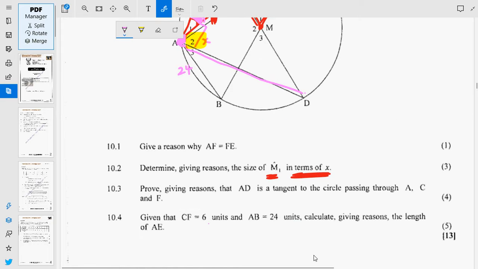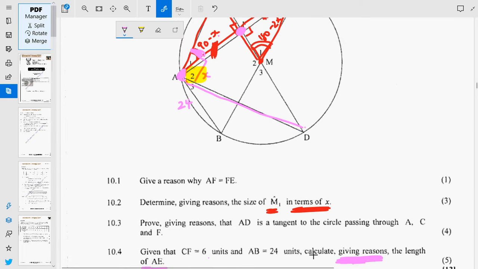And they ask you to calculate, giving reasons. Remember, I'm not writing the whole thing down because this is an exam review. I'm simply going to articulate my reasons. So they say calculate, giving reasons, the length of AE.